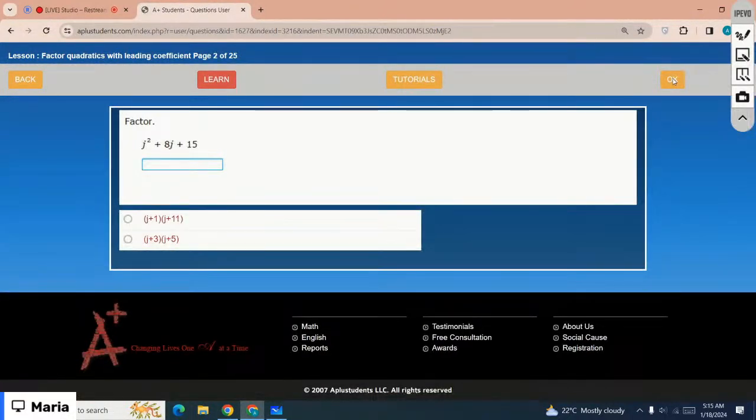The next one is j square plus 8j plus 15. You can use your notebook and pencil, factor the equation and then write the correct option in the chat box. I'm waiting for the answer from your side. So which is the correct option?